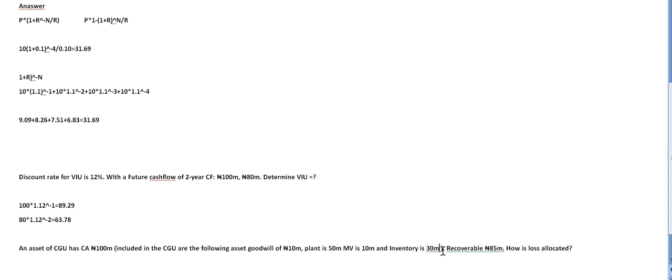The recoverable value is 85 million. Determine the accounting treatment of this item.